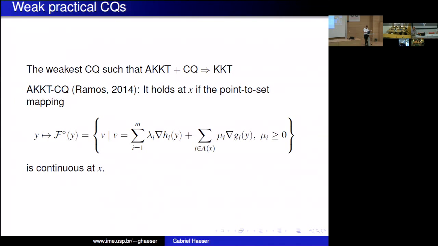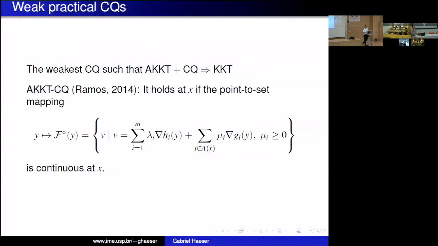What he was able to show was to find the weakest condition such that this implication holds. CPG or any other one is one of them. So he defined it and proved that this is the weakest practical one in this sense. For the approximate KKT optimality, the sequential optimality condition, this is the condition. Okay, it's a very simple condition.